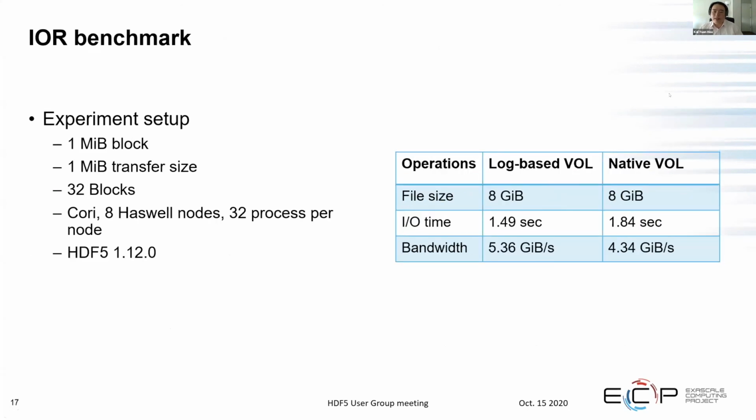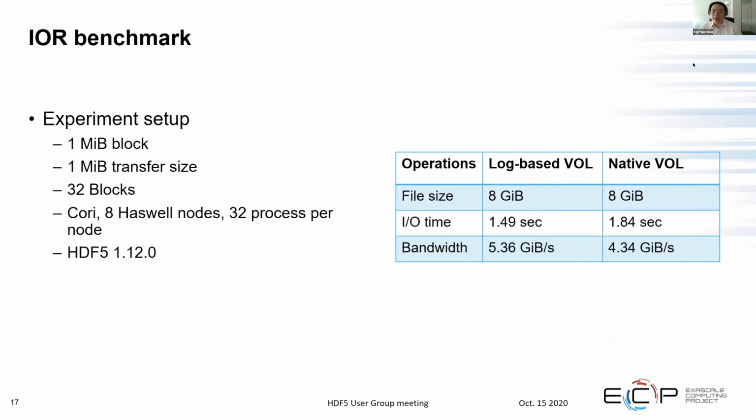And finally, the final benchmark is a simple one. We use the IOR benchmark with a simple setting, 1 megabyte block and transfer size, 32 blocks, and a smaller scale run with only 8 nodes, also with the latest HDF5 implementation.